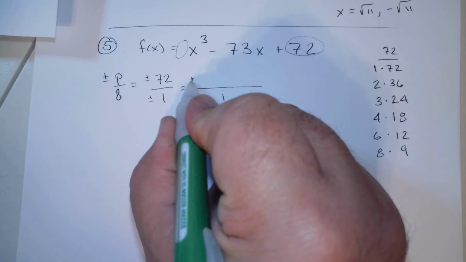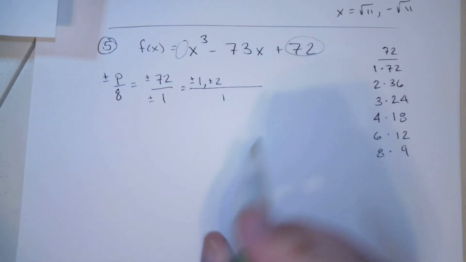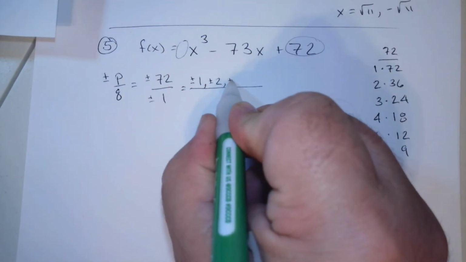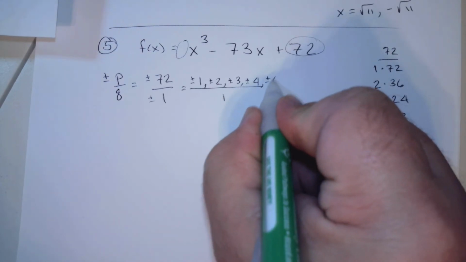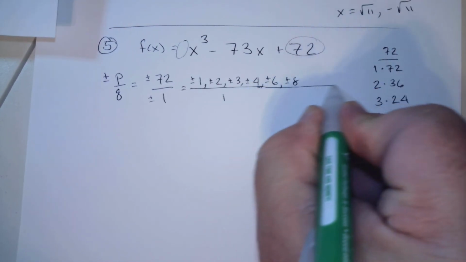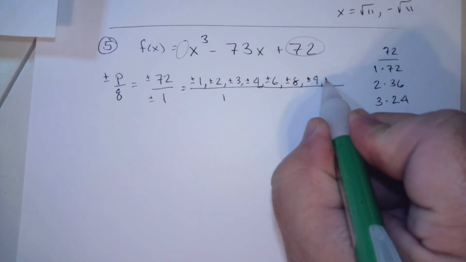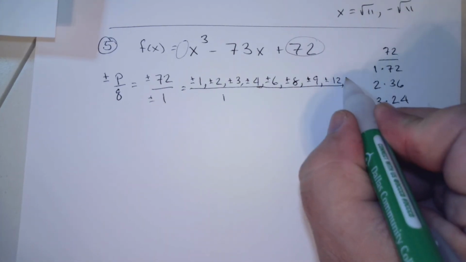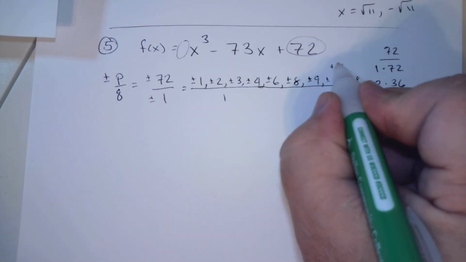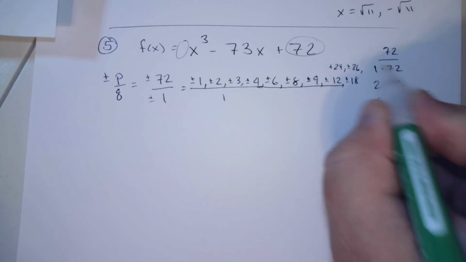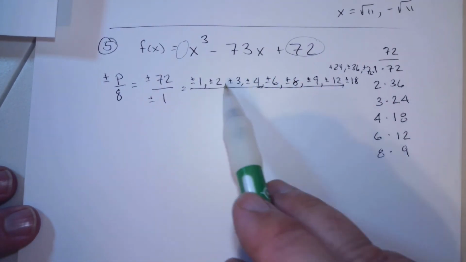So my possibilities are plus or minus 1, plus or minus 2, plus or minus 3, plus or minus 4, plus or minus 6, plus or minus 8, plus or minus 9, plus or minus 12, plus or minus 18, plus or minus 24, plus or minus 36, and then plus or minus 72. 1, 2, 3, 4, 5, 6, 7, 8, 9, 10, 11, 12.